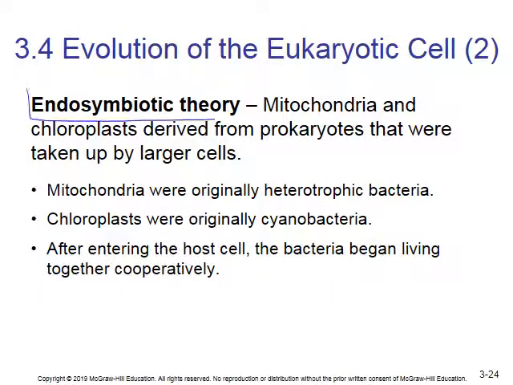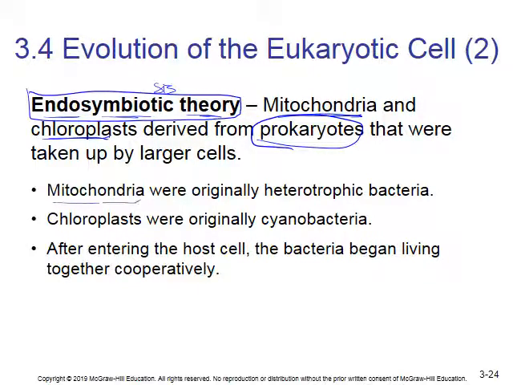So the latest theory about how mitochondria and chloroplasts, which are prokaryotic in nature, became part of a eukaryotic cell is called endosymbiotic theory, or sometimes endosymbiosis theory.